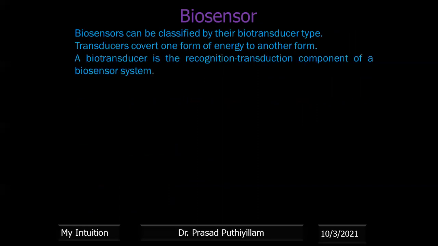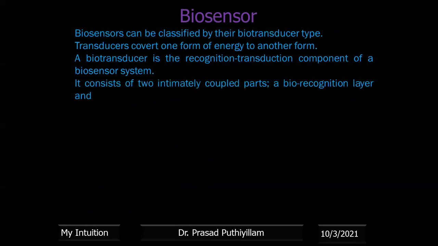The word transducer mainly comes from electronics. It is the one which is used to convert from one energy form to another form. So if biomaterials are used, we call it a biotransducer. Therefore, it is the recognition-transduction component of a biosensor system.